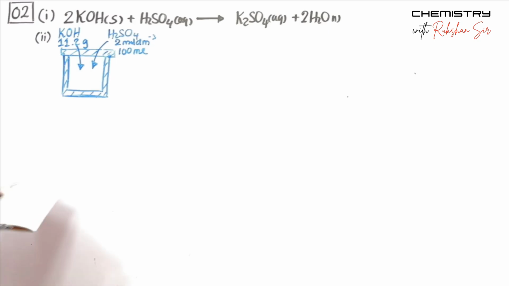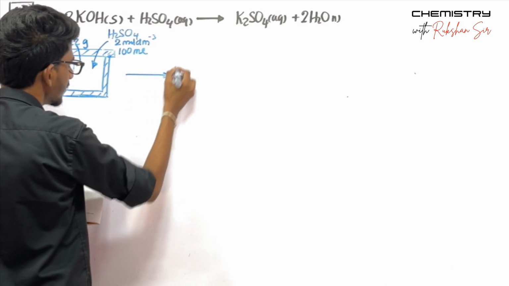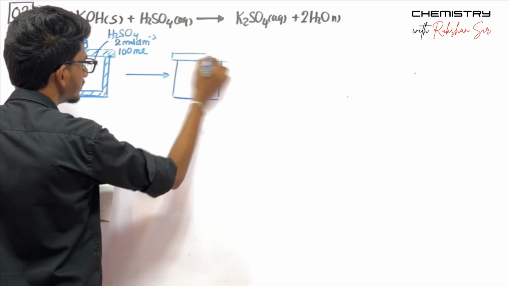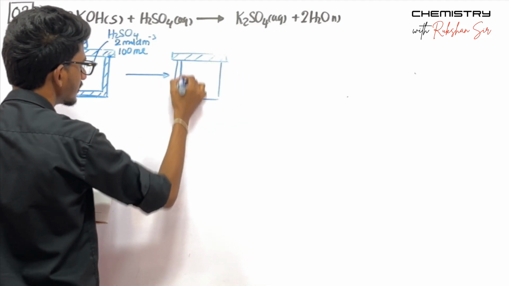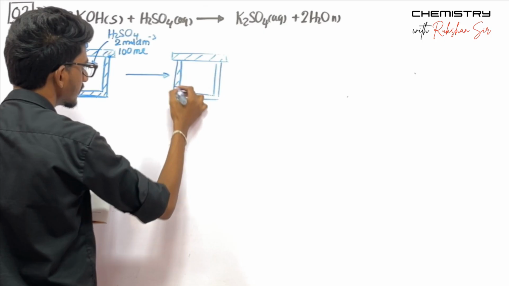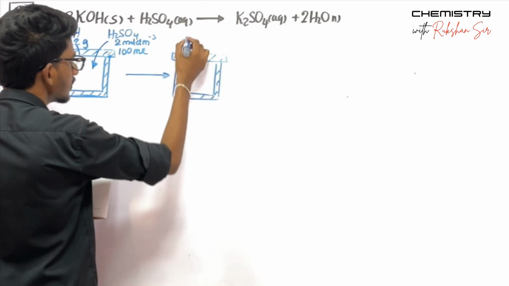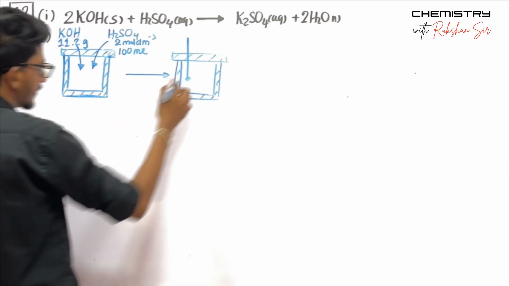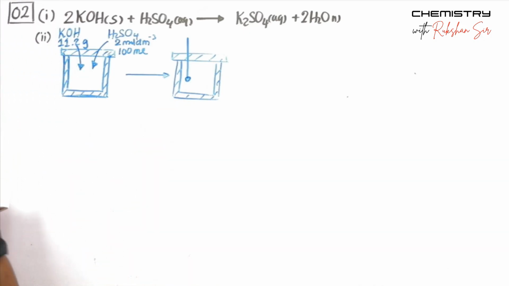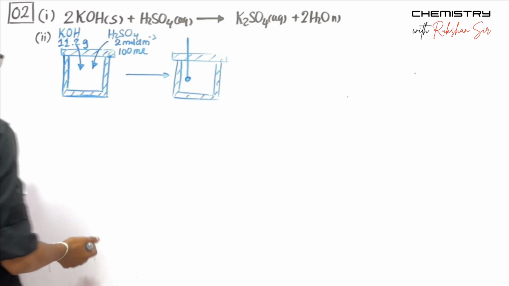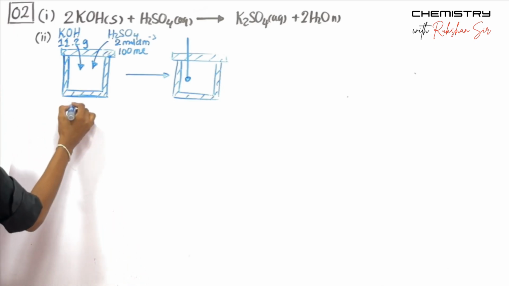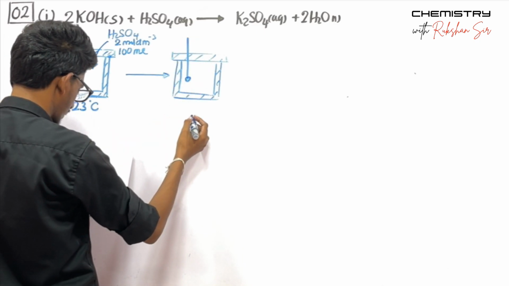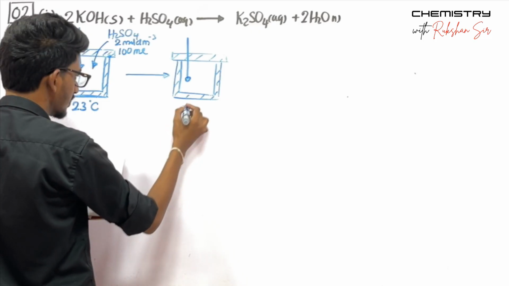Okay, so this is the calorimeter at the end. Earlier it was the calorimeter at the beginning. What they are saying is that at the beginning the temperature was 23 Celsius, and at the end the thermometer reading they have given as 50 Celsius.